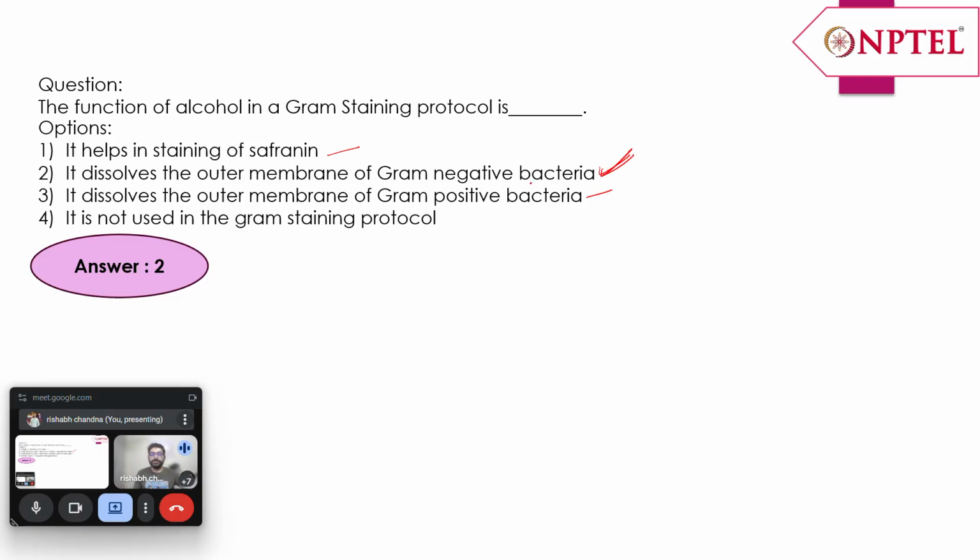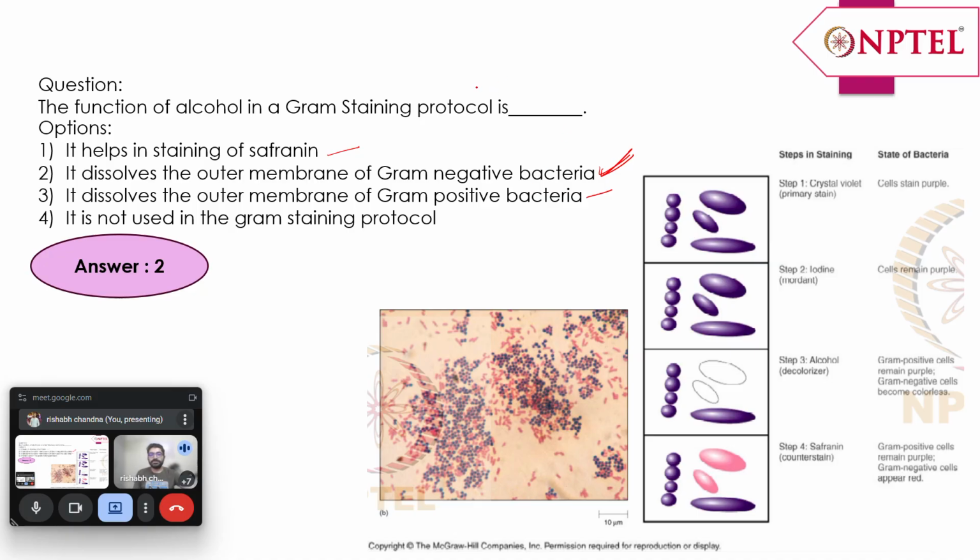Okay, so gram staining is a procedure that was devised by Sir Gram. What he did was he basically tried to differentiate different kinds of bacteria.